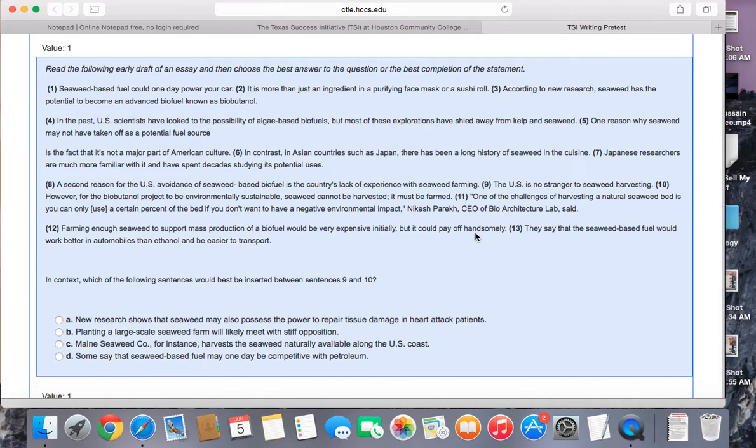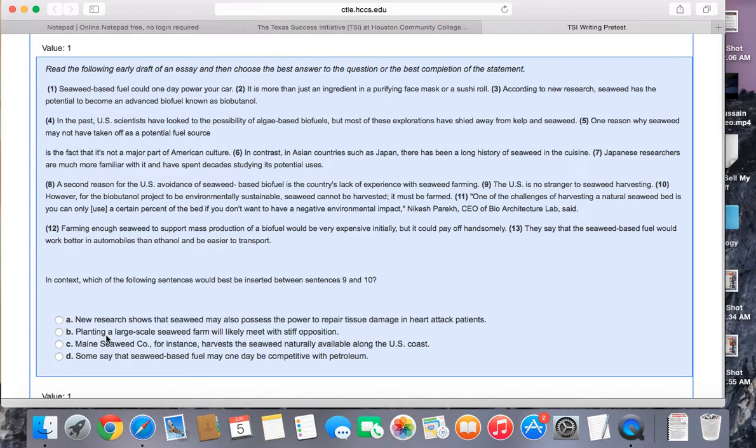Okay, let's see here. 9, 10. The US is no longer. In addition, I feel like it needs something to add on to this. The US is no stranger to seaweed harvesting. I feel like they should add something about someone's seaweed harvesting.